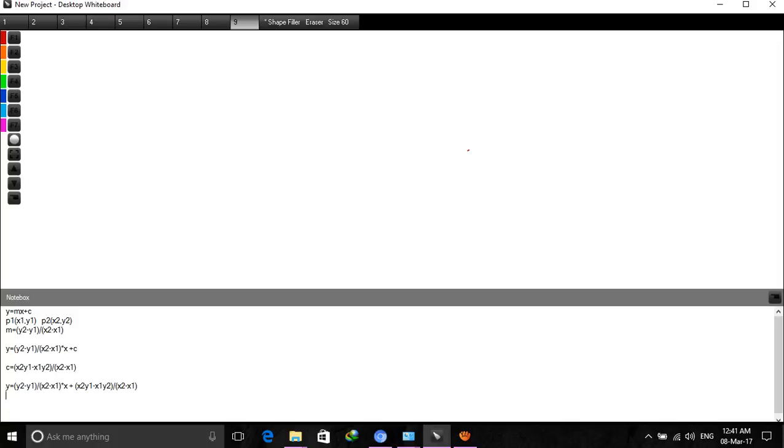Now, the algorithm for polygon line drawing.